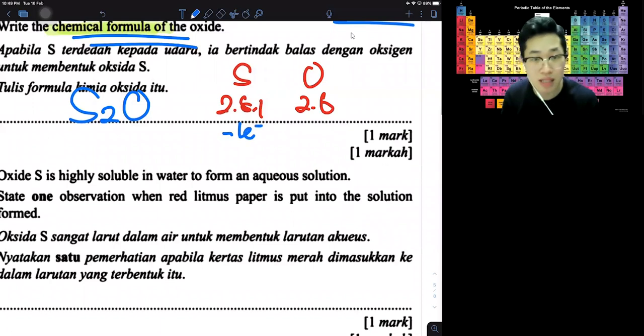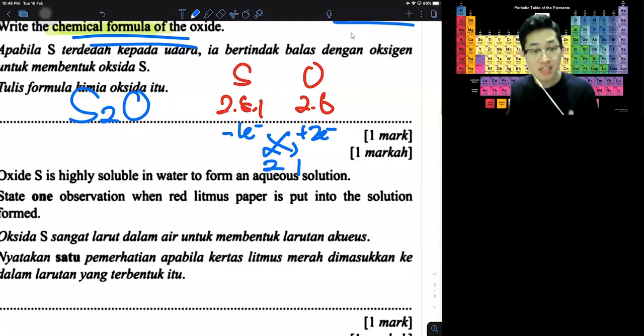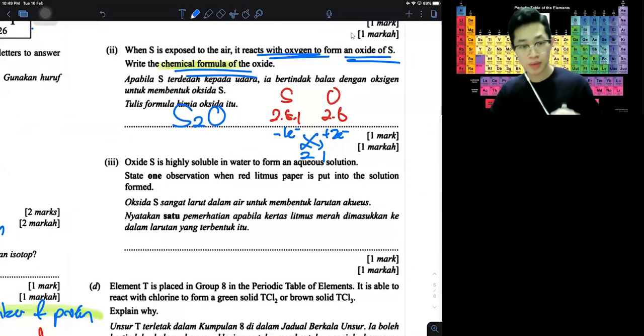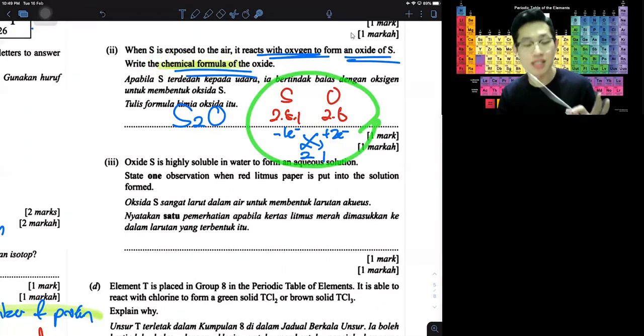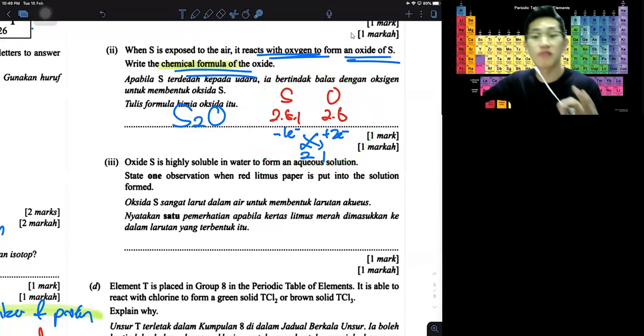Minus 1 to become stable. Plus 2 to become stable. Cross it: 2, 1. Same as Na2O. Can you see? Two methods. Up to you. Every time they give you an unknown to write a chemical formula, you can always use this, or refer back to your periodic table.